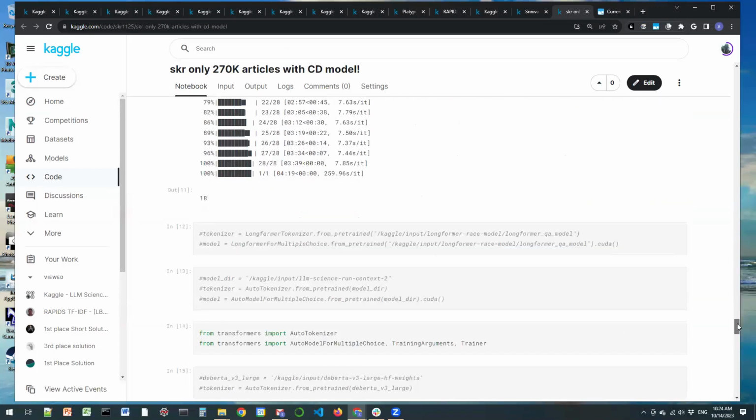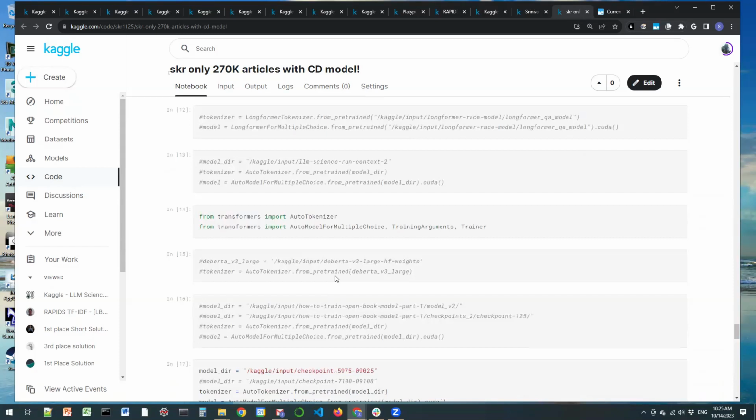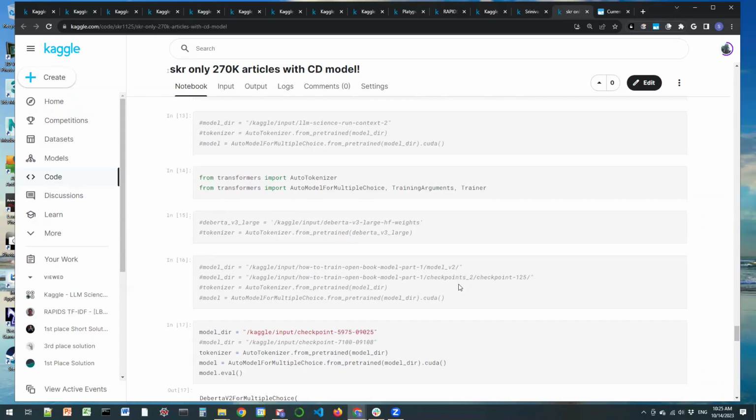But you can see, I was trying all these models, and tails and geometric weights. See, this model V2 was from the man's notebook. And then this checkpoint 125 is also from his notebook. I was like, dang.